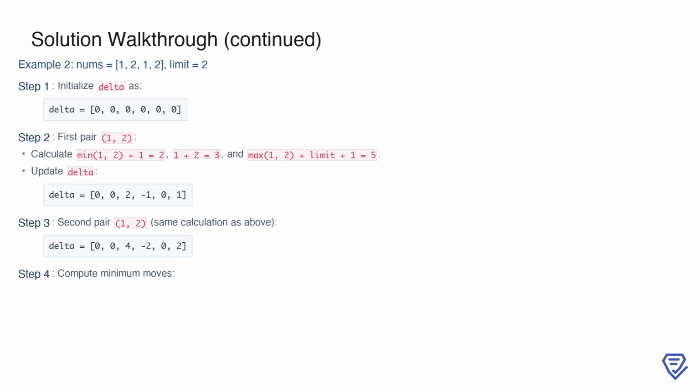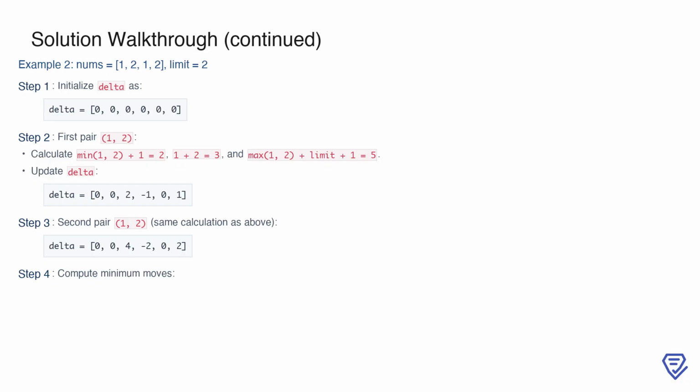In the second example, nums is 1, 2, 1, 2, and the limit is still 2. As before, we start by initializing the delta array with a size of 6, all zeros. For the first pair, 1, 2, we calculate the smallest possible sum as min(1, 2) plus 1 equals 2, the exact sum of the pair is 1 plus 2 equals 3, and the largest possible sum is max(1, 2) plus limit plus 1 equals 5.